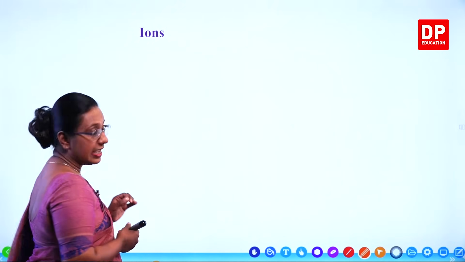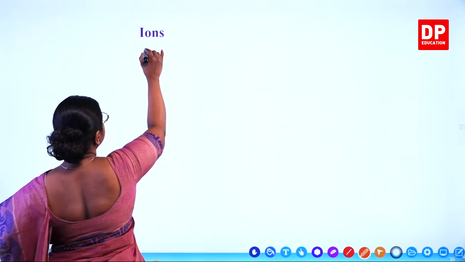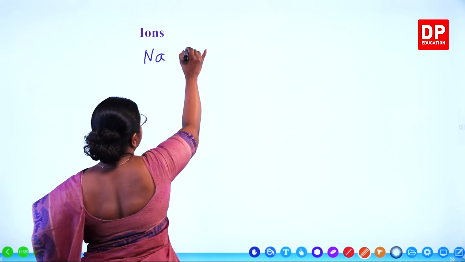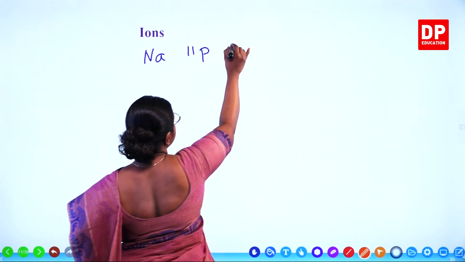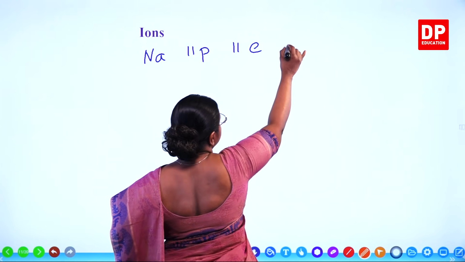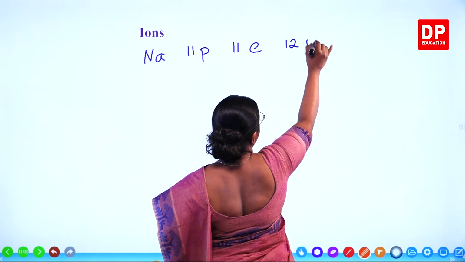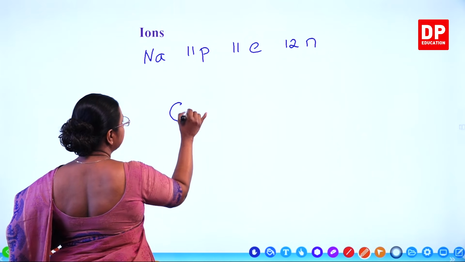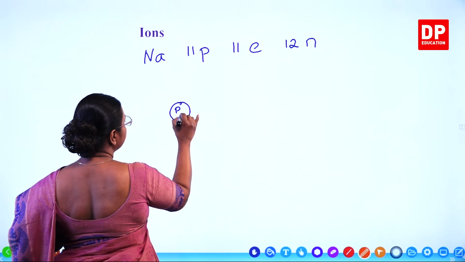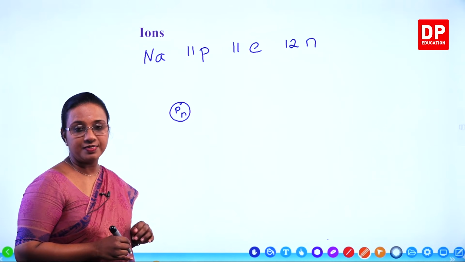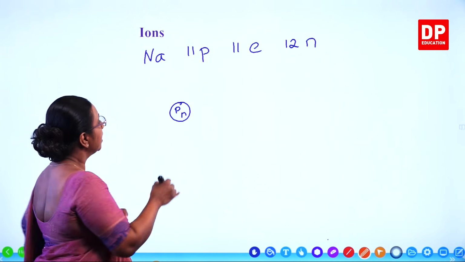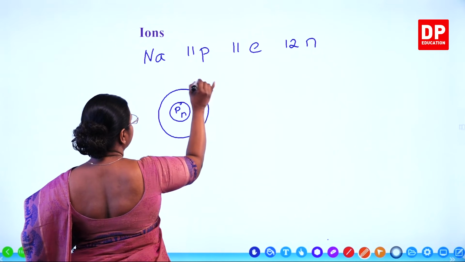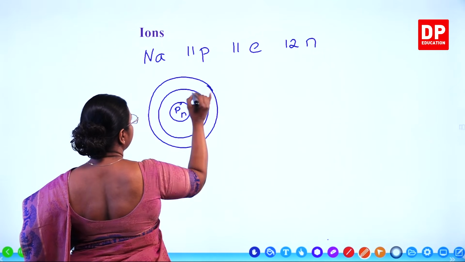So, we'll take an example, sodium. The sodium atom has 11 protons, 11 electrons and 12 neutrons. If I put this into the atomic structure, this is the nucleus which has the protons and the neutrons. Around the nucleus, all these electrons are going to be arranged.